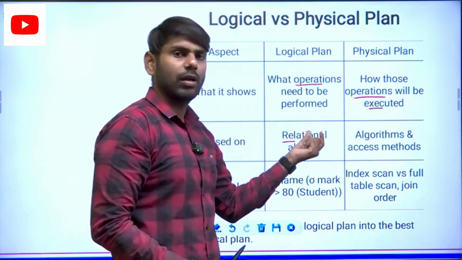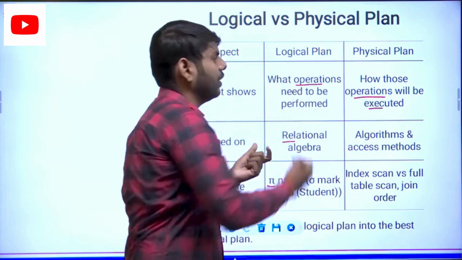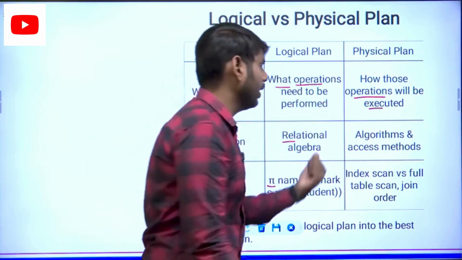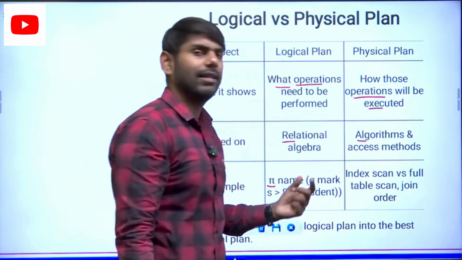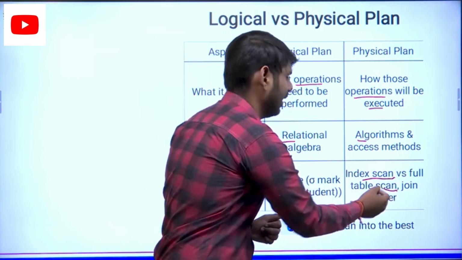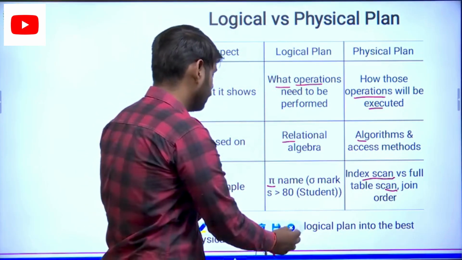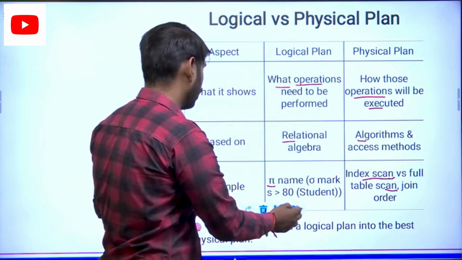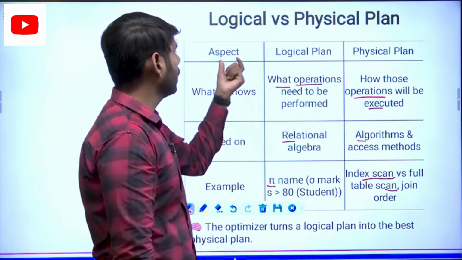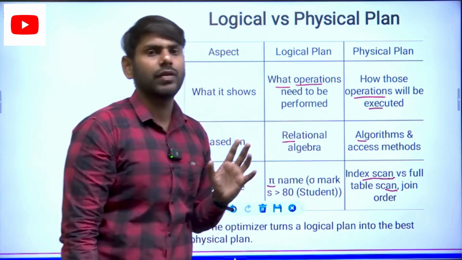Here, operations are not being executed, but we are talking about what operations we need, right? Here, we talk about the algorithms and their access methods and scanning methods like index scan, full table scan, or join orders. Now we are talking about the differentiation between the logical plan and the physical plan.